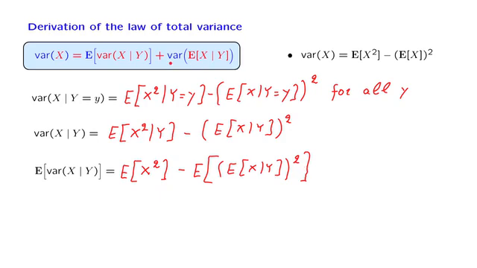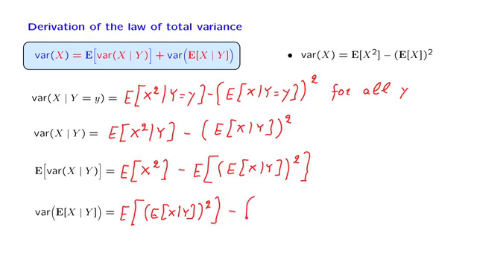Next, we want to make some progress towards calculating this second quantity in the law of total variance. And the way to calculate it is to just apply this general property of variances to the special case where x gets replaced by the expected value of x given y. So the first term will be the expected value of our random variable squared. Our random variable is the expected value of x given y.